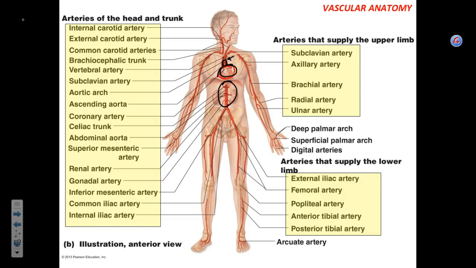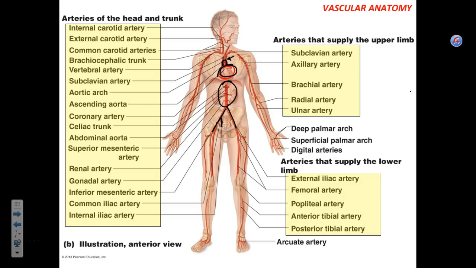So the abdominal aorta, as it descends down, branches into 2 iliac arteries. Okay, and then the iliac arteries branch into the external part, and there's a tiny short internal iliac artery. Now here's the deal.